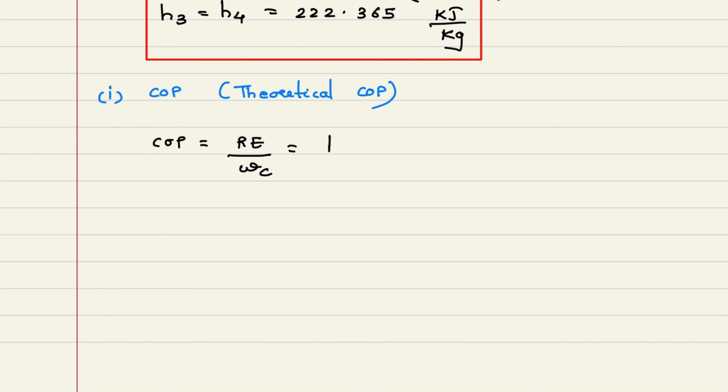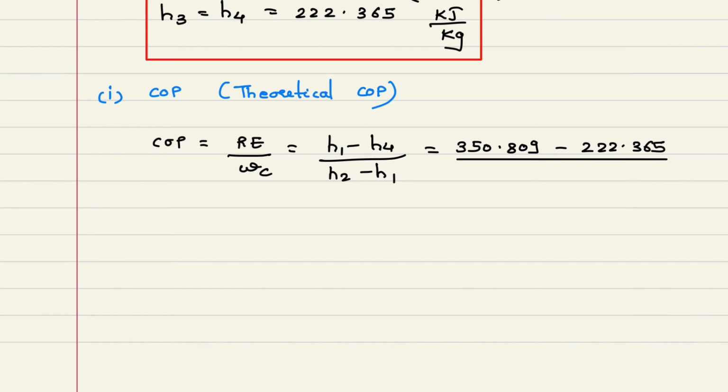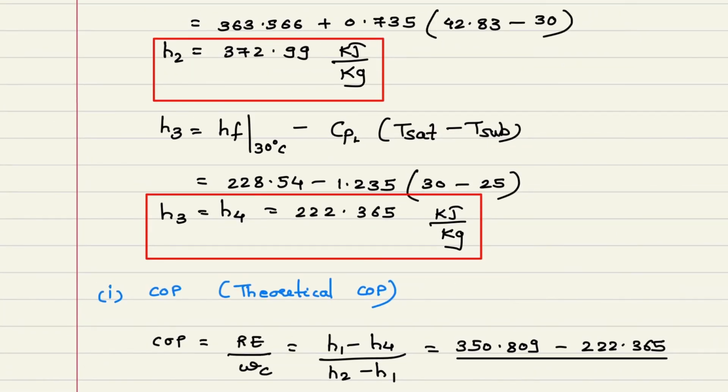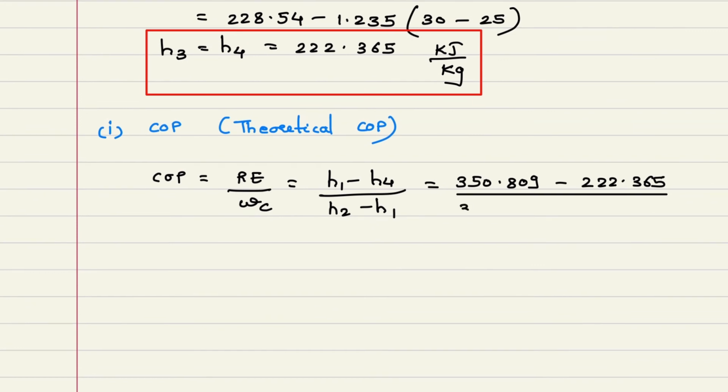Refrigerating effect is H1 minus H4 upon H2 minus H1, which is equal to, H1 value is 350.809 minus 222.365 divided by H2 value, it is 372.99 minus 350.809. So from here we can calculate COP theoretical. COP theoretical is equal to 5.79.